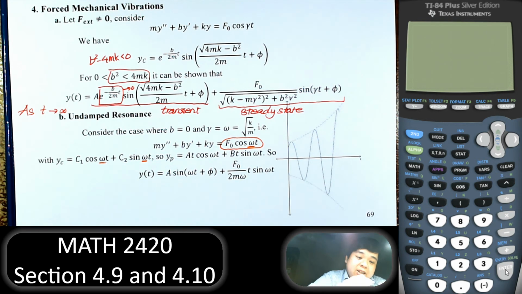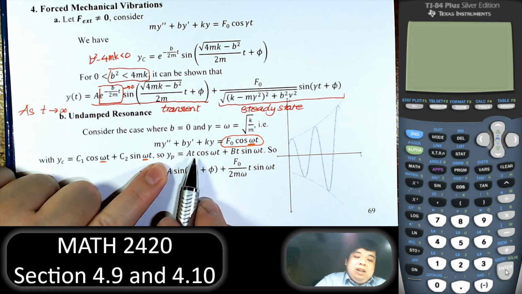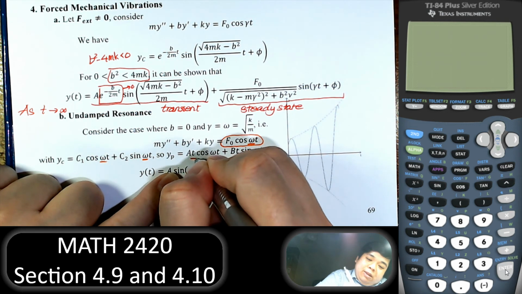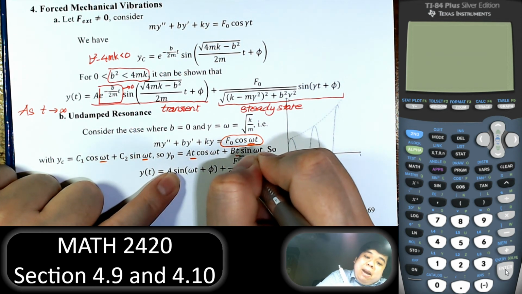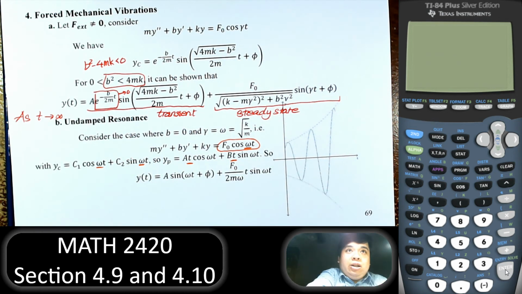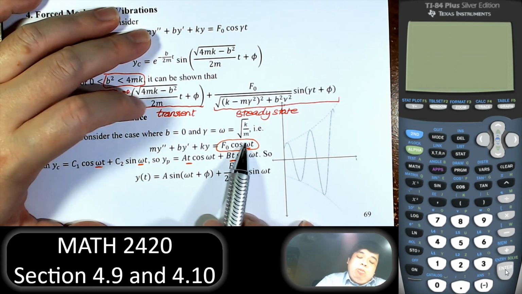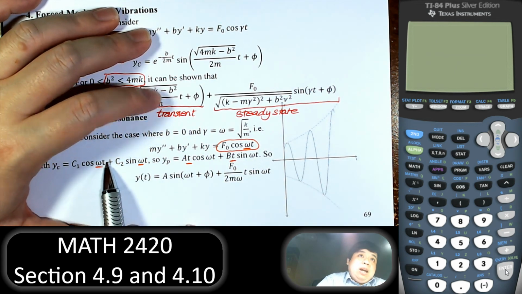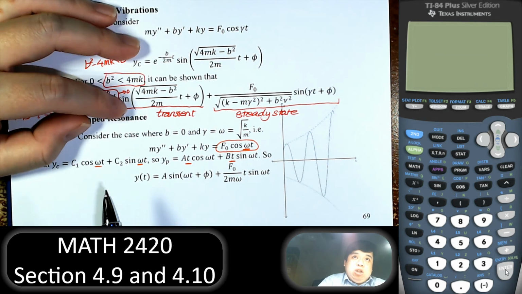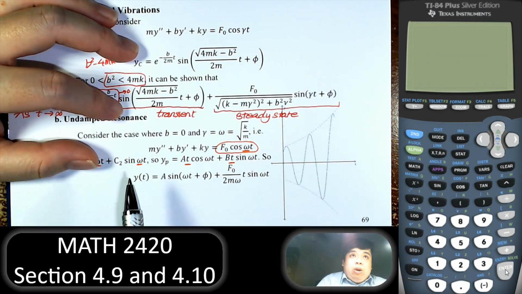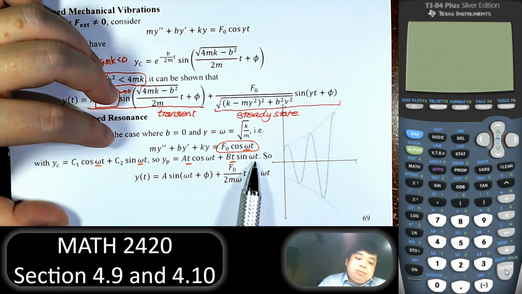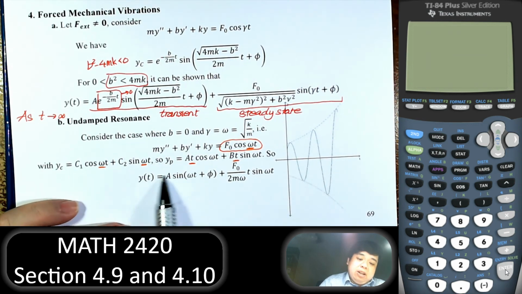Then our guess has to be multiplied by a t, because to be linearly independent, we have to have an extra t. So on the special case where the external force has the same angular frequency as the complementary solution, when we add these two and combine, we have it in this form.